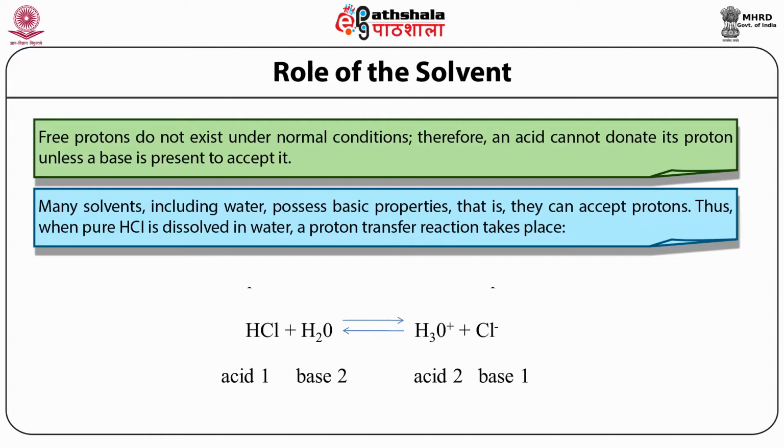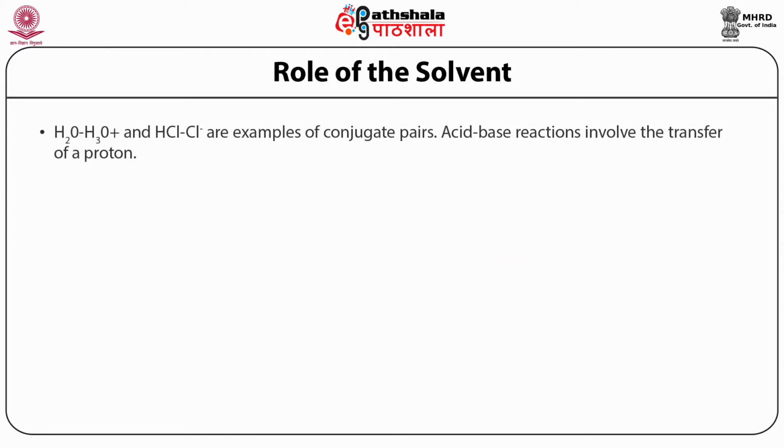HCl plus water forms H3O plus and chloride ions. Acid 1 is HCl, base 2 is H2O, acid 2 is H3O plus, and base 1 is the chloride ion. H2O and H3O plus, and HCl and Cl minus, are examples of conjugate pairs.